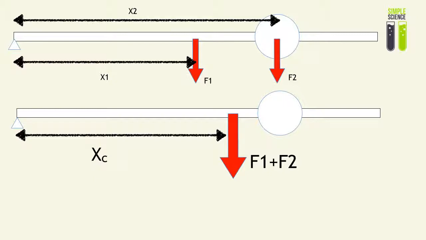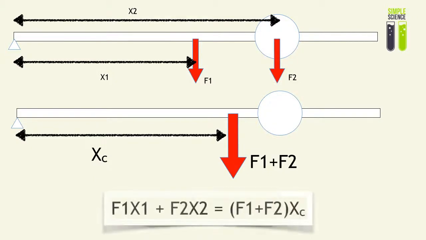So the total moment of the top and the bottom diagram is the same if the center of mass is xc distance away with a total force of F1 plus F2. So we come up with an equation: F1 x1 plus F2 x2 is equal to big F multiplied by xc, which is the distance from the pivot to the center of mass.